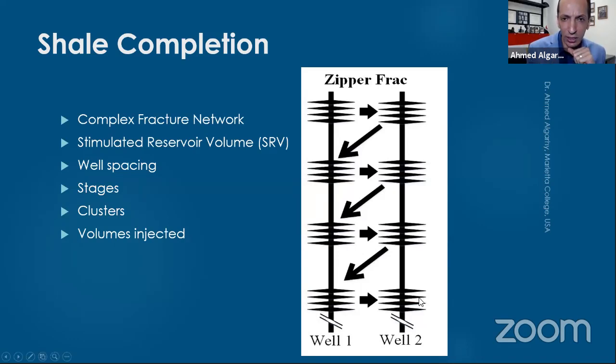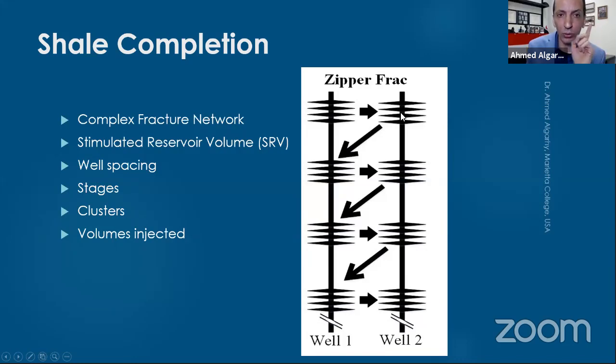So while the plug and perf company is working in well number 1, the first thing I will do, near the toe, is perforate using the wireline company. Then the pumping company will start injecting the first treatment here. At that time, the plug and perf company perforates the second well.